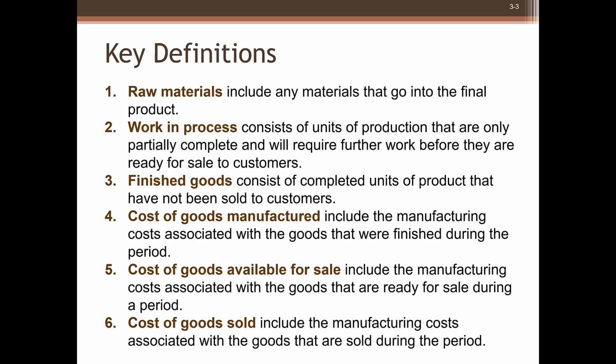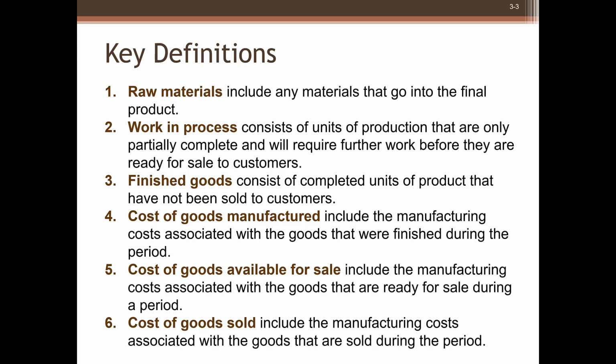However, manufacturing companies produce products themselves and then sell products to customers, so on the balance sheet of manufacturing companies, there are 3 inventory accounts, 3 sub-accounts: raw materials, work in process, and finished goods. It's a little bit different from merchandise companies.